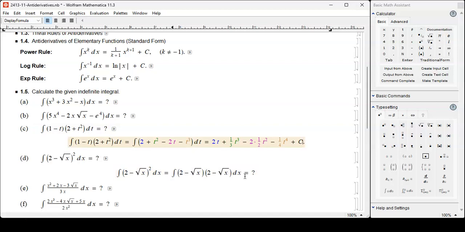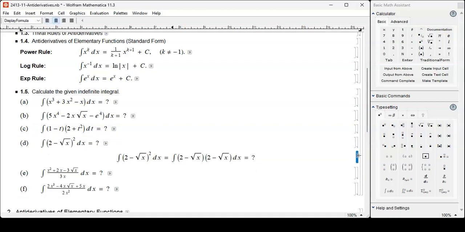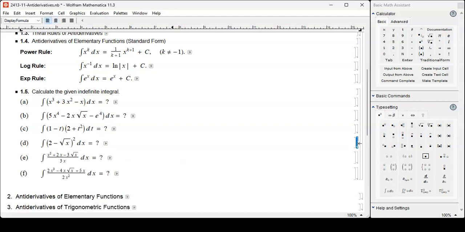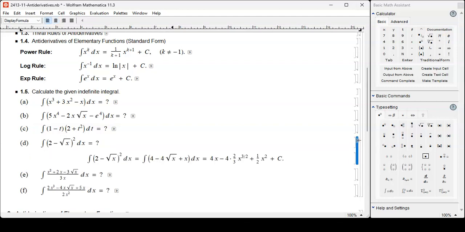Or you can expand it out with complete square formula, and then you can do it like this. In any case, the detail is left to the students. You can stop the playback and try. Here's the answer key, by the way. Here I use the complete square formula.